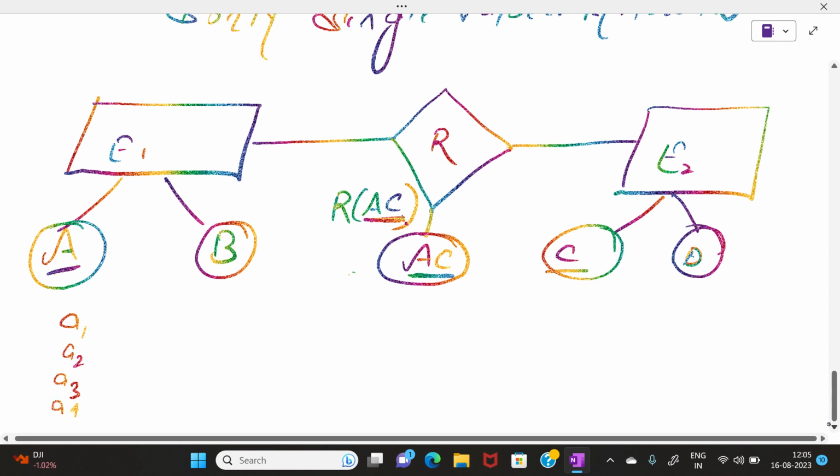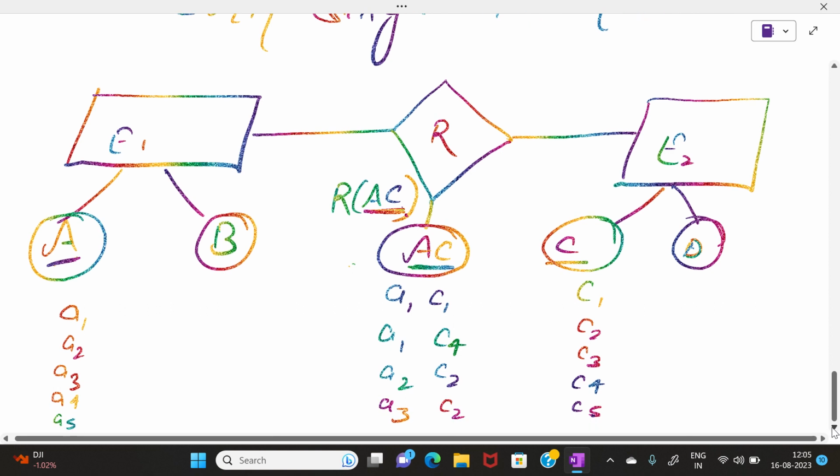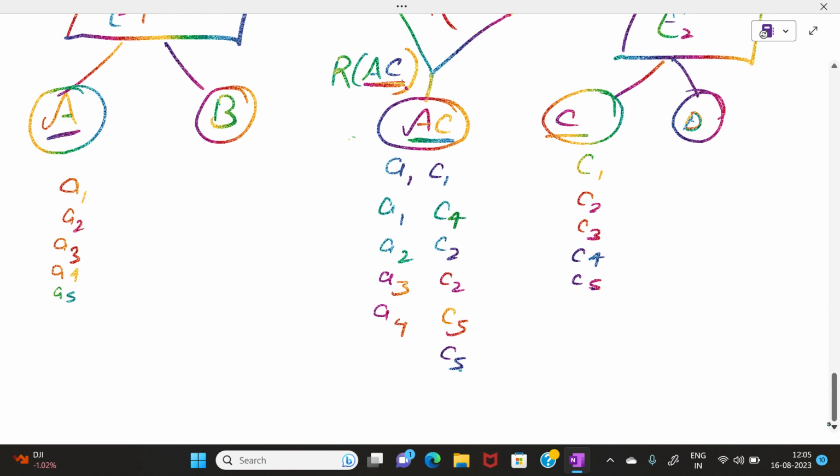So these are the values of E1, and let's say these are the values of C1. For AC, we have the combination as A1 combined with C1, A1 combined with C4, A2 combined with C2, and C2 is combined with A3 as well. And similarly for A4, we have the combination as C5, and C5 is combined with A1 as well. So this could be the combination.